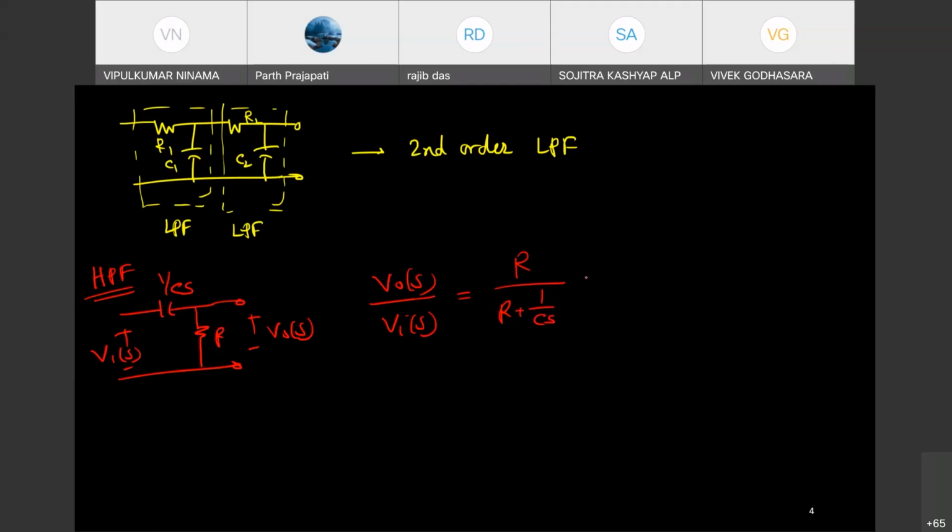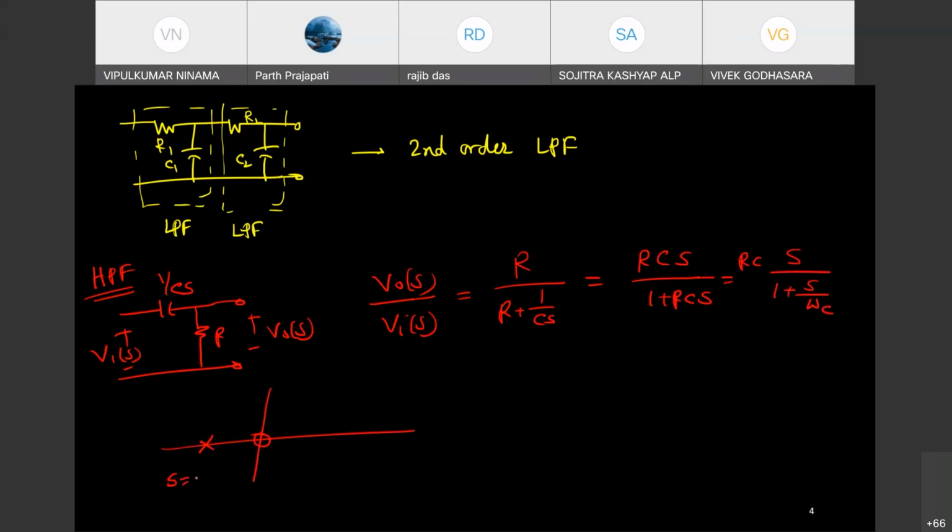Clear? So if you simplify it, you will get RCs upon 1 plus RCs. So you see here, this is the RC constant. This is s upon 1 plus s by omega_C. So you are having one pole and one zero at origin.